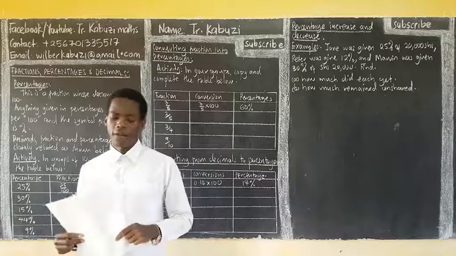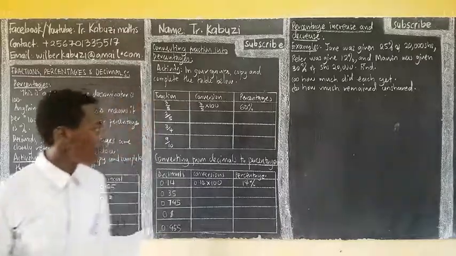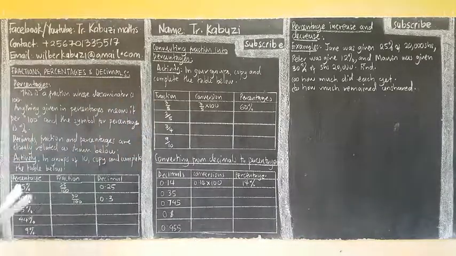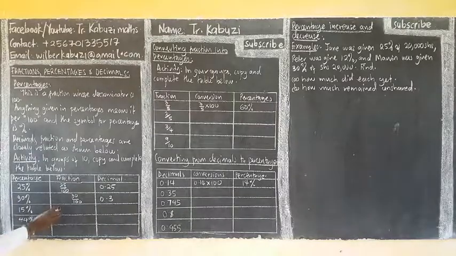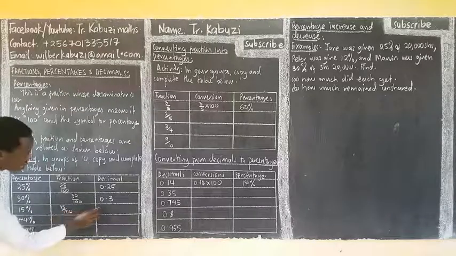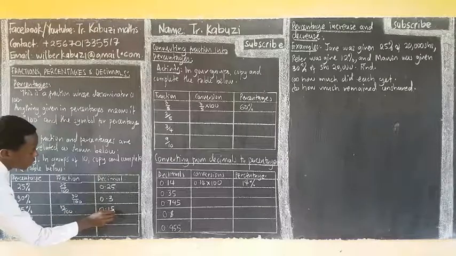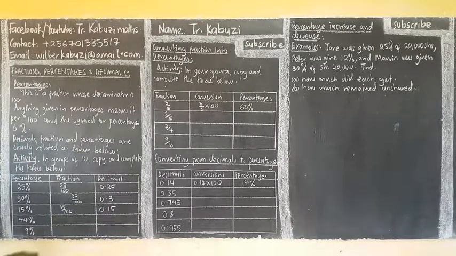I have groups 1, 4, 6, and 7. So, group 1, they are having this one. For them, they are having here 15 over 100. Then they are giving this as 0.15. Then here they are having 44 over 100.